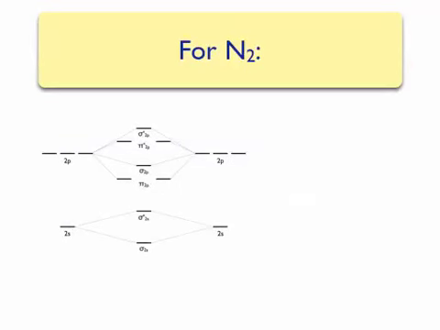For nitrogen, we will consider 10 valence electrons, 5 from each atom. We will fill in our molecular orbital diagram following the Aufbau principle, the Pauli principle, and Hund's rule. Note that we will only occupy the orbitals in the middle.